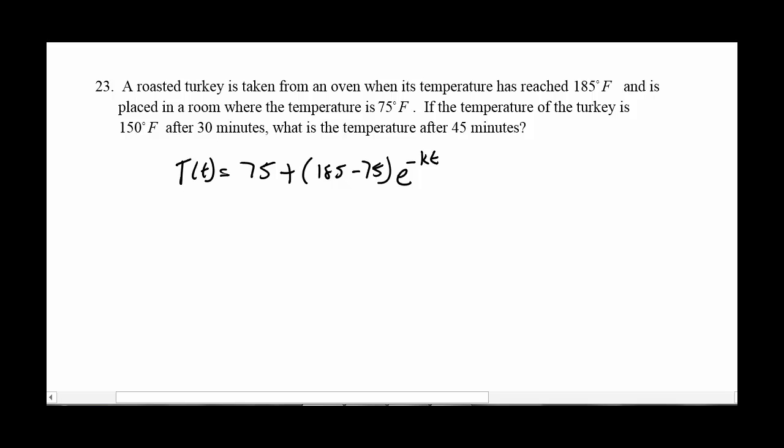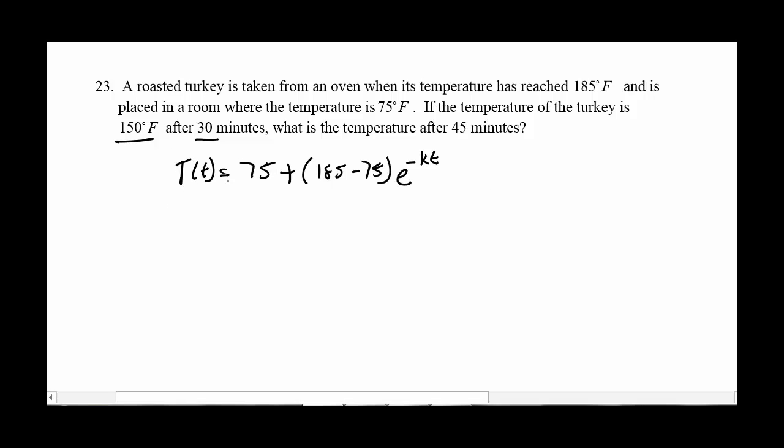With problems like this, I typically am given conditions so that I can find k, and then I can use that to actually figure out the question they want. Somewhere in here is a given time and a given temperature, and it's right there.